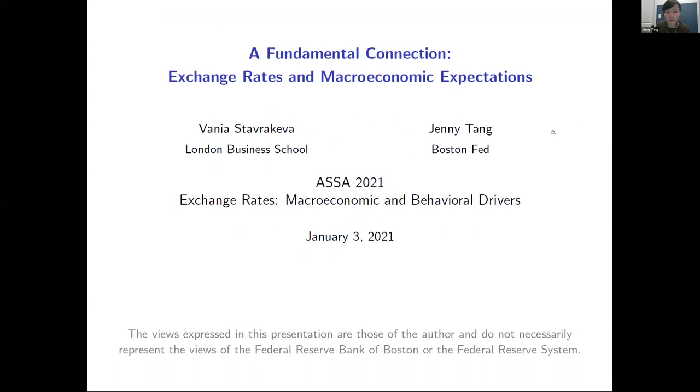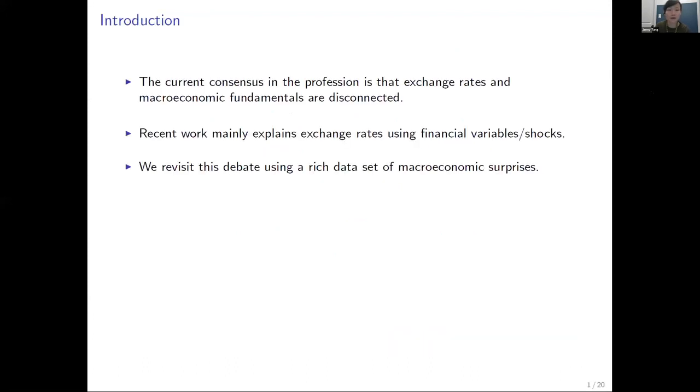So thank you everyone for sticking around for the last paper. This is work with Vanya on a fundamental connection, exchange rates, and macroeconomic expectations. So the goal of this paper is to look at a current consensus in the profession that exchange rates and macroeconomic fundamentals are disconnected. We saw some of this in papers previous in the session, where recent work is mainly trying to explain exchange rates using financial variables or financial shocks only.